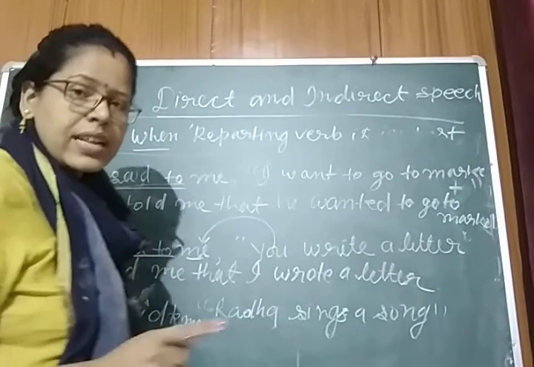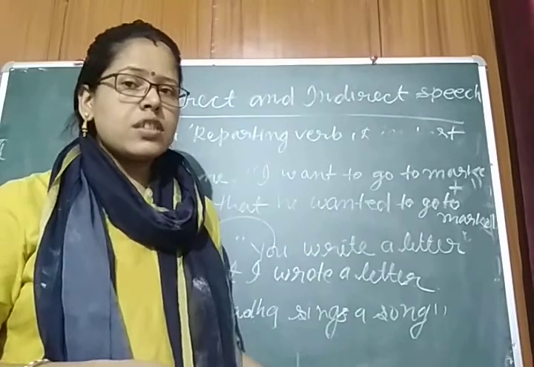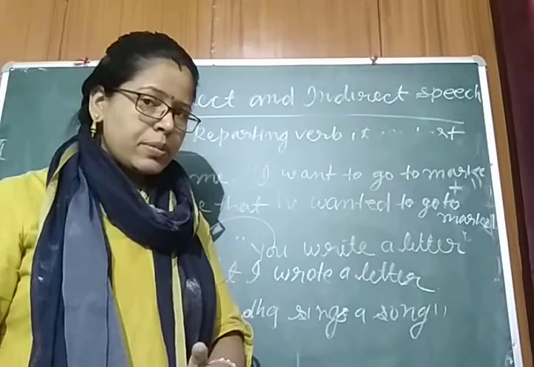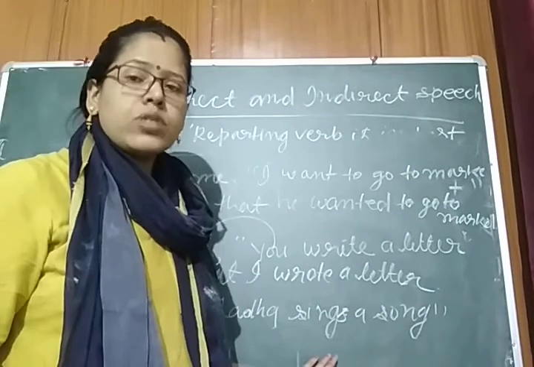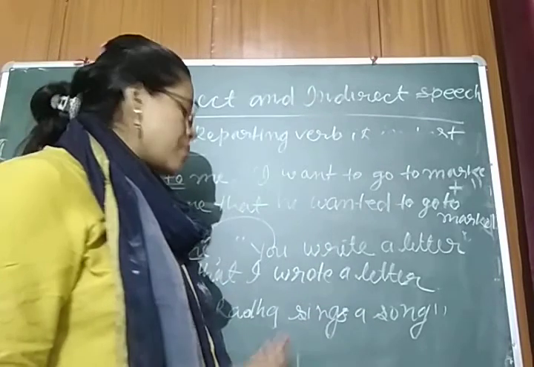So the rule says that if the reporting verb is in past tense and the reported speech is in present tense, then the present tense will be changed according to table number 3 that I already taught you. If the sentence is an example of simple present, then it will be changed into simple past tense.